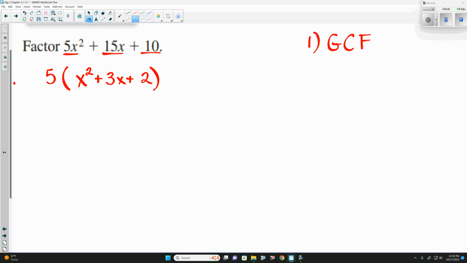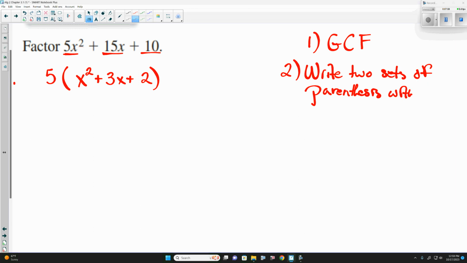The first thing to do in factoring is to find the greatest common factor and factor it out. Now the second step is to write 2 sets of parentheses with 3 spaces.